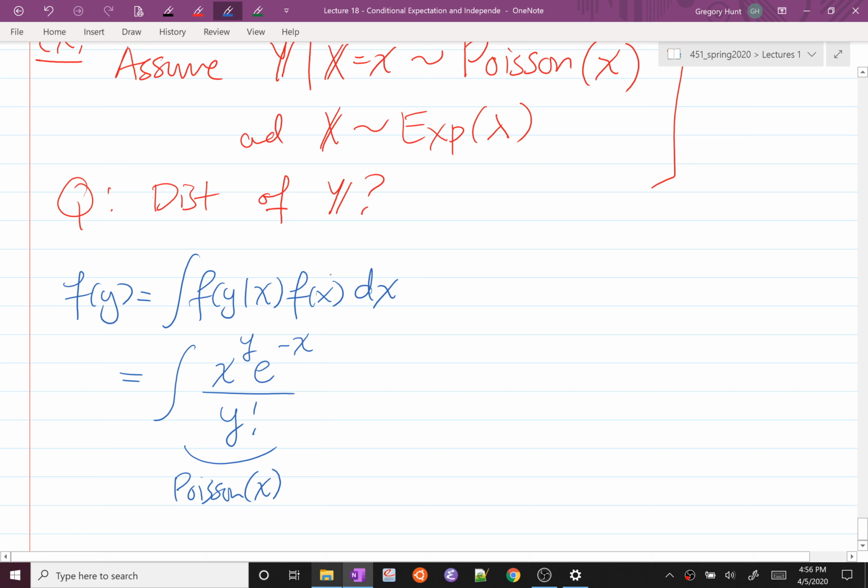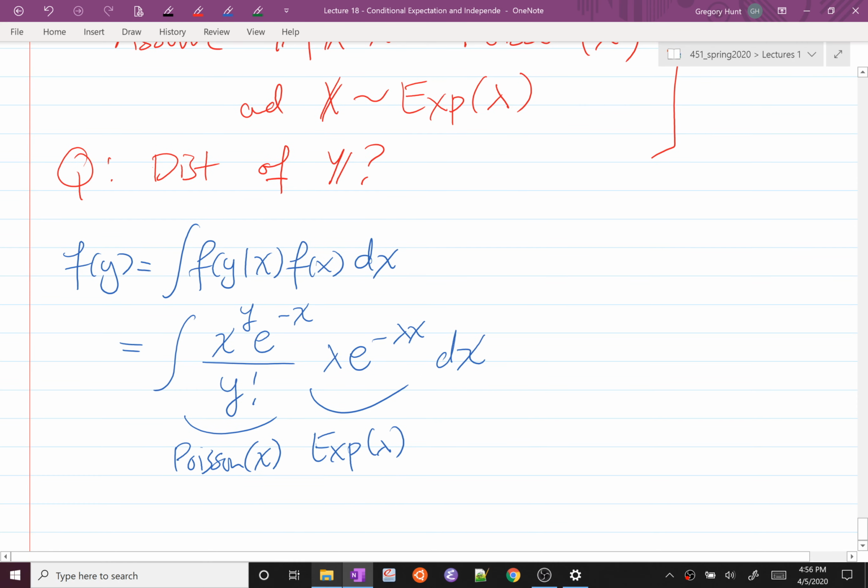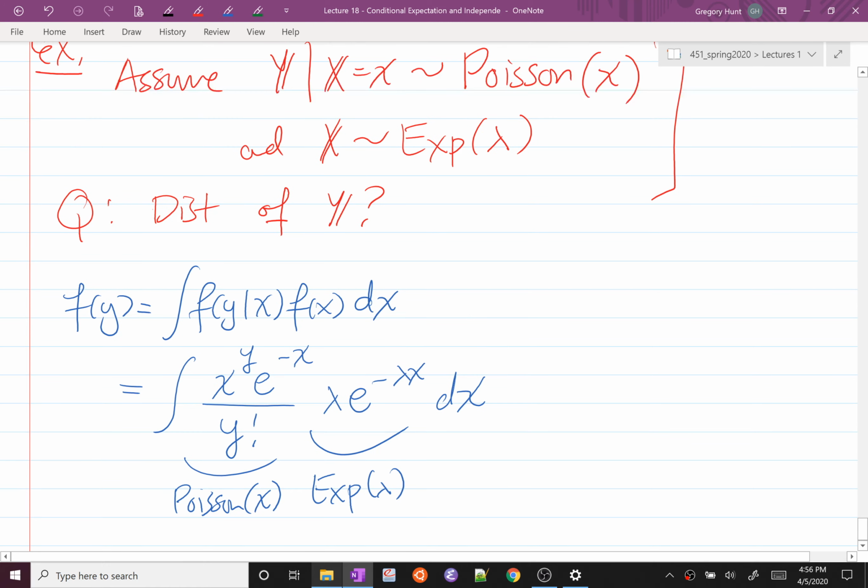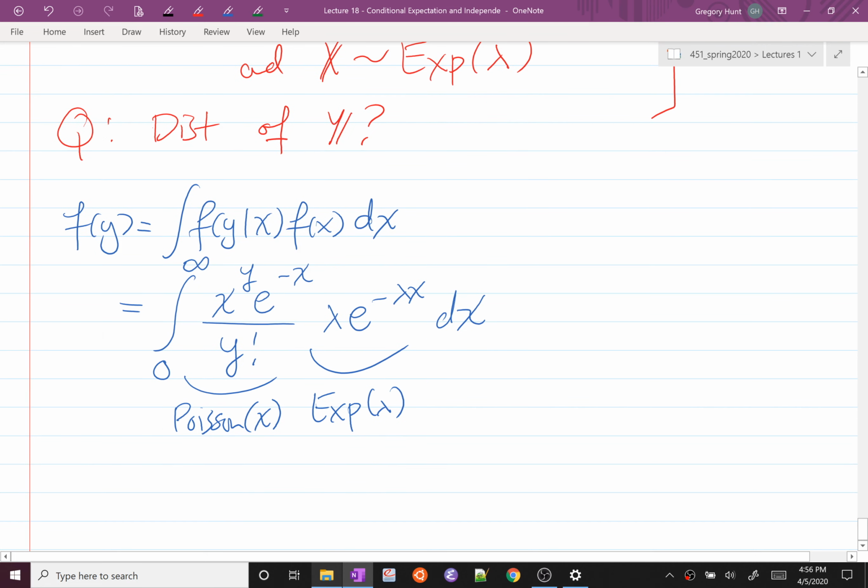And then the marginal is an exponential lambda. Integrate with respect to x. And what are my limits on x? X is exponential, so it goes from 0 to infinity.